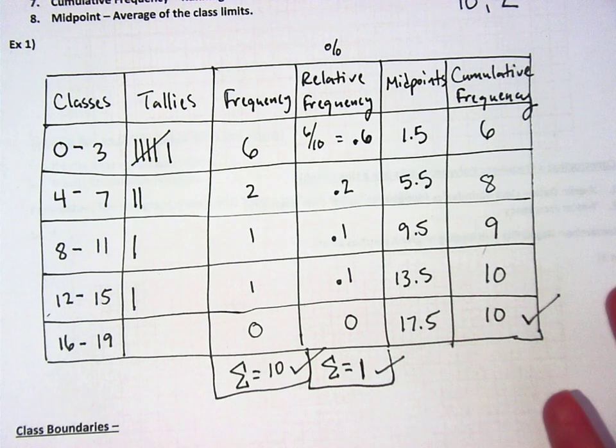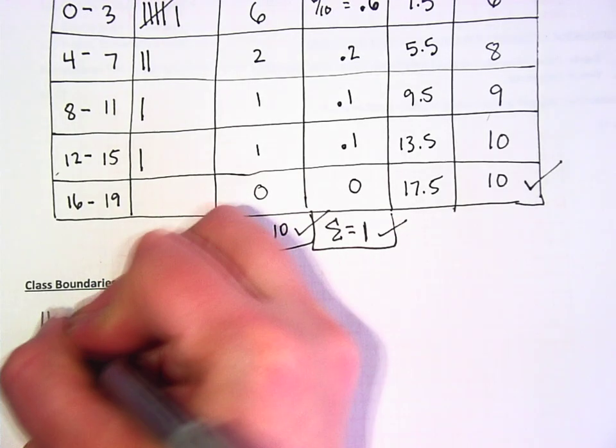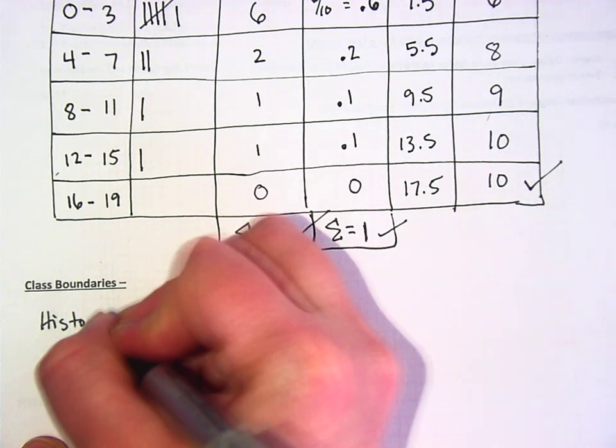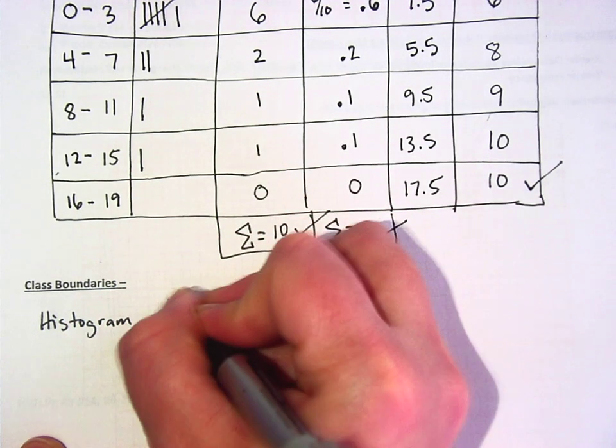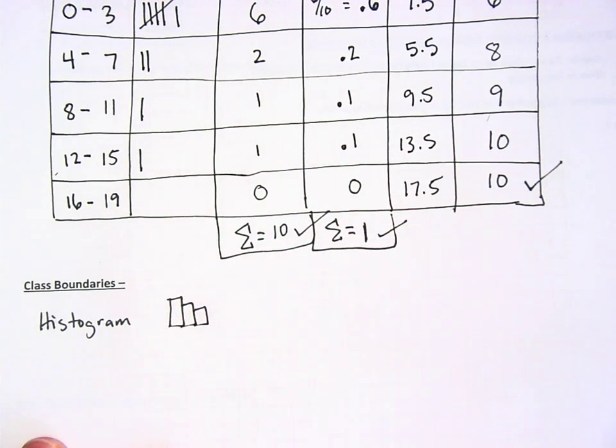The reason why we're doing all of this is because this is all the information to make yourself a graph, which you're going to want to be able to do. Class boundaries are in a histogram. The bars are right next to each other like this. Okay?